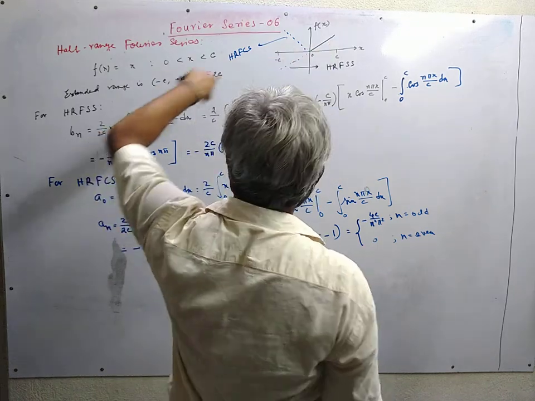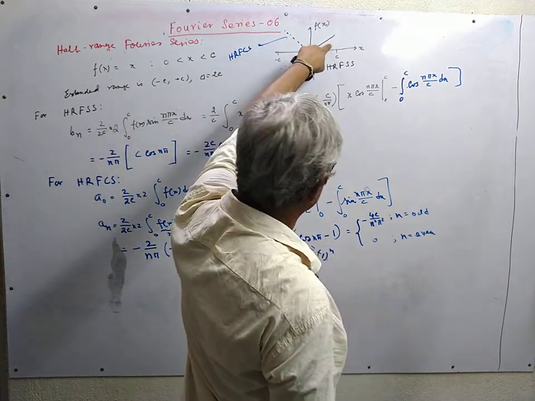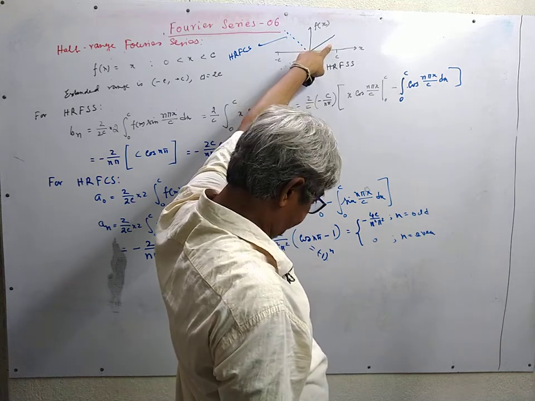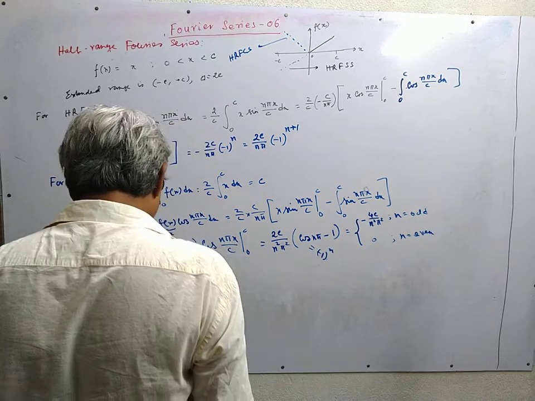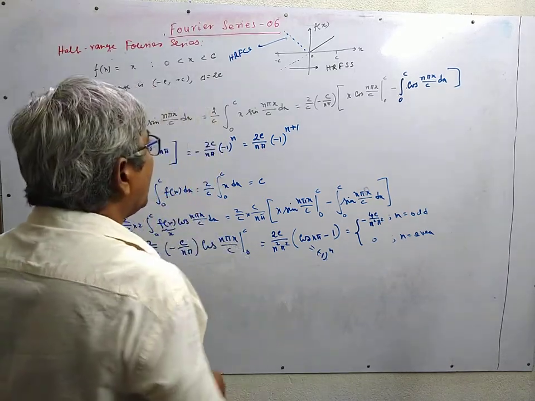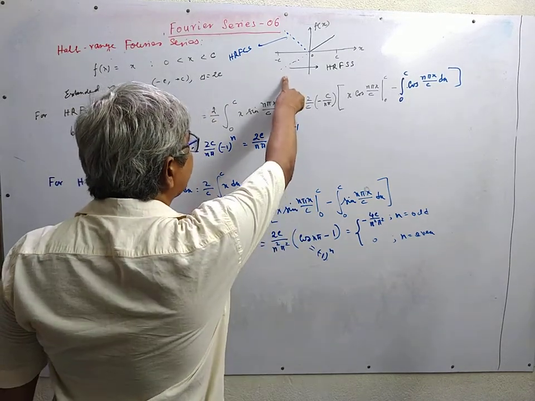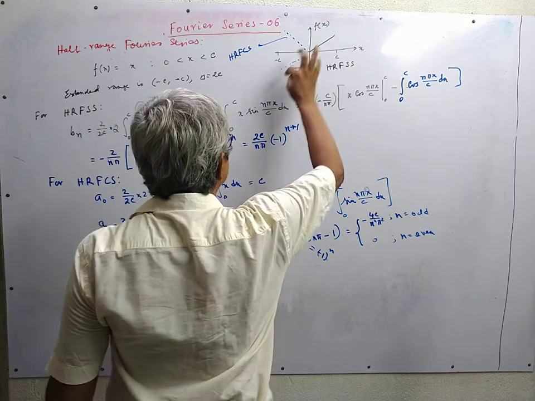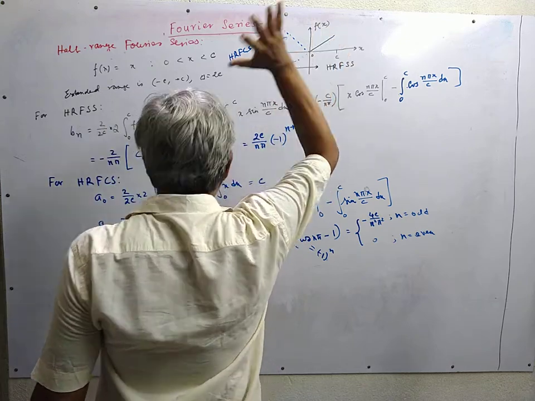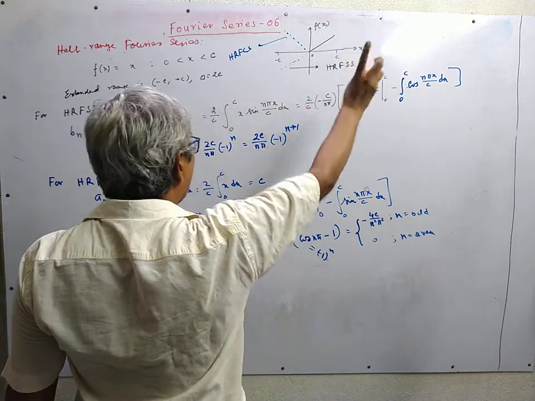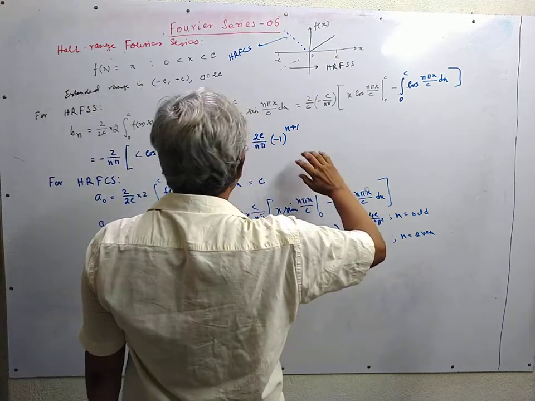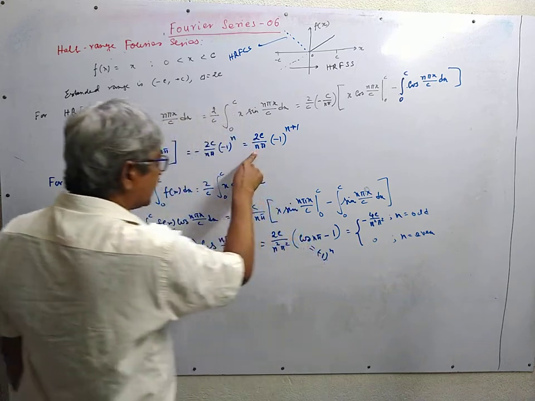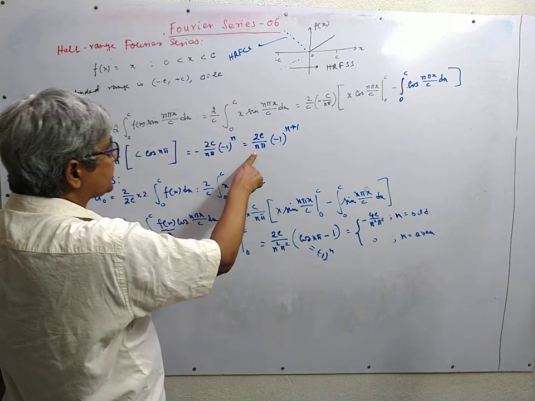But for the Fourier cosine series, the function is continuous, so there will be no Gibbs phenomena. Furthermore, for Fourier sine series, as the function has its discontinuity at the ends of the extended range, the Bn should have 1 by n dependence, and we finally see that Bn has 1 by n dependence.